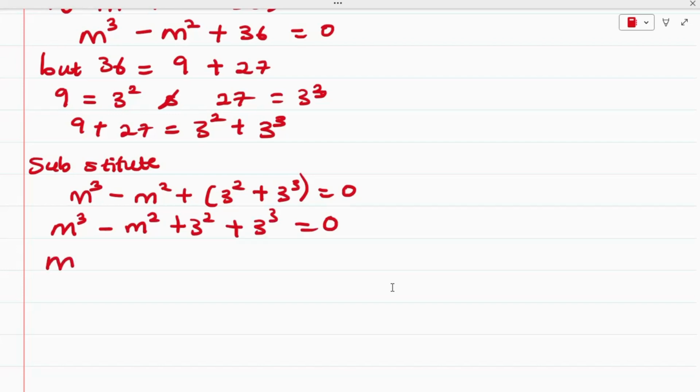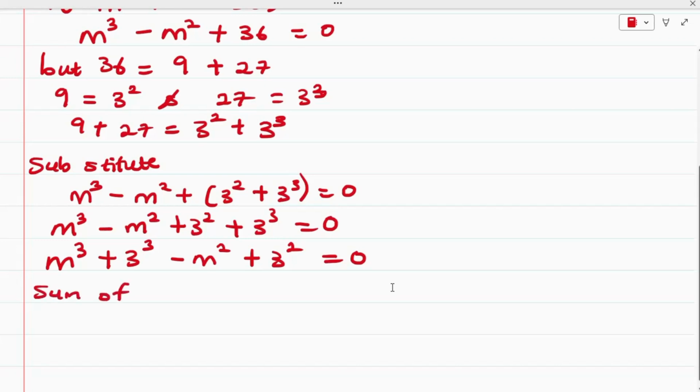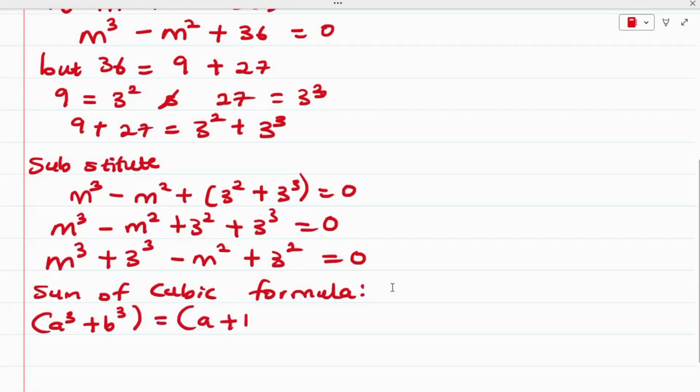Arranging this, we have m cubed plus 3 cubed minus m squared plus 3 squared is all equal to 0. So applying the sum of cubic and difference of square formula, the sum of cubic formula is given as a cubed plus b cubed, and this is equal to a plus b all into a squared minus ab plus b squared.